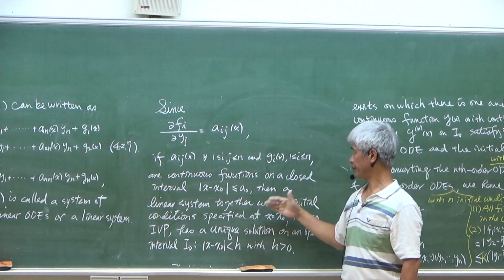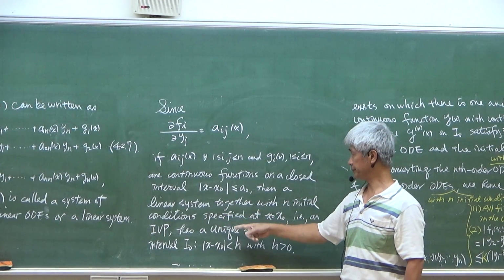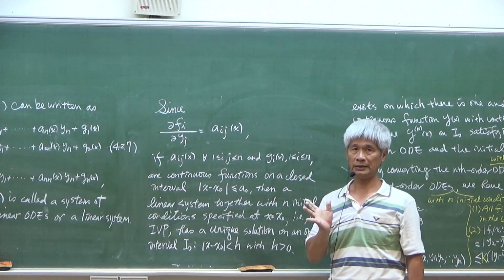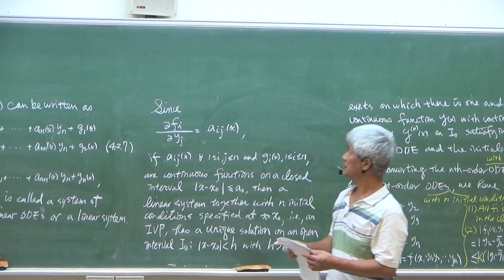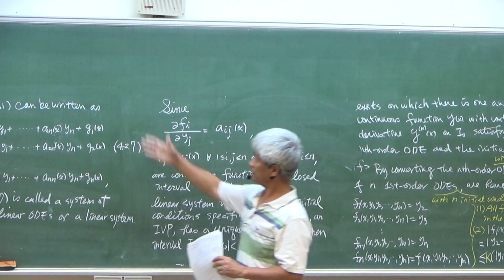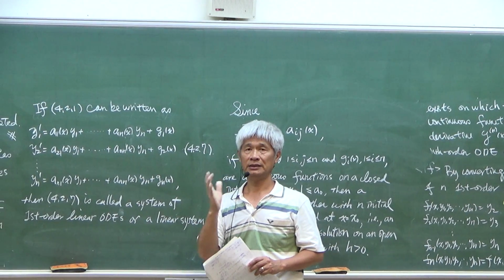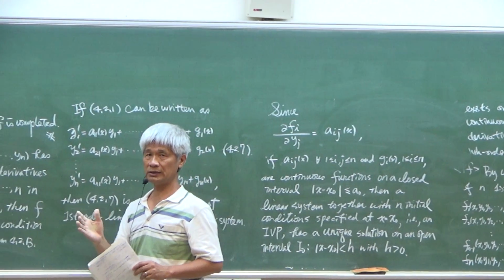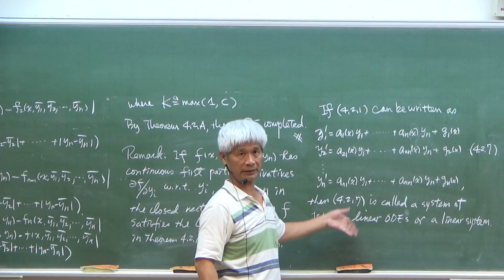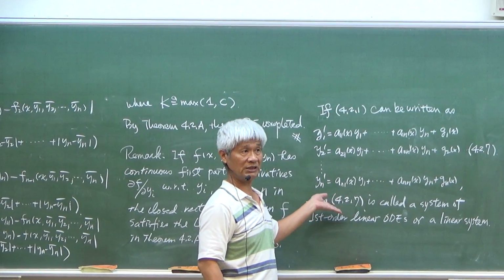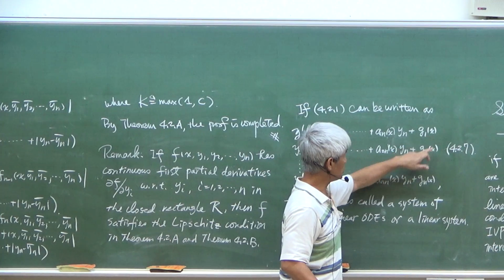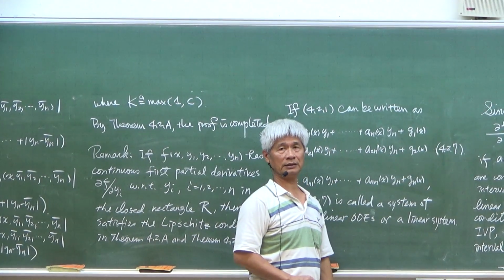Then the corresponding IVP, initial value problem, has a unique solution on the open interval. So it's quite easy to check the conditions in theorem 4.2.8 if you are facing a linear system, because you need only check the coefficient functions and the non-homogeneous functions.